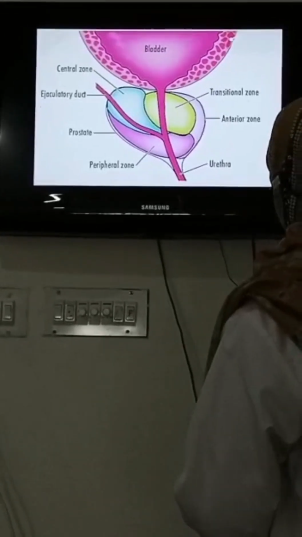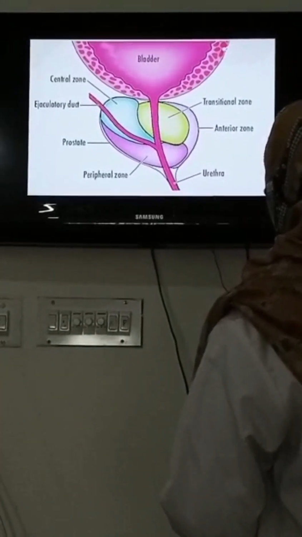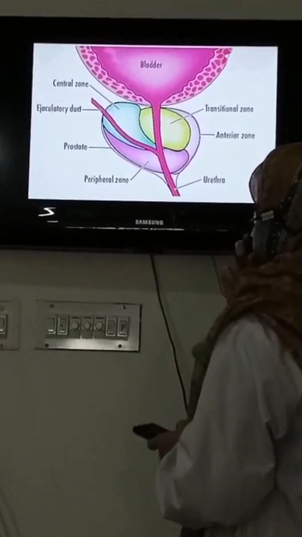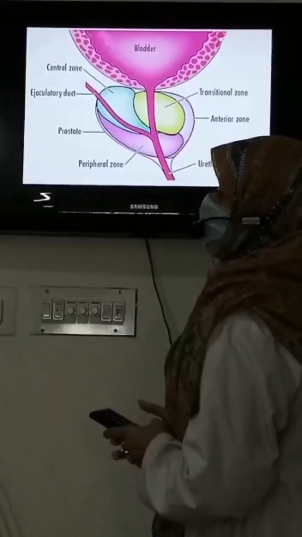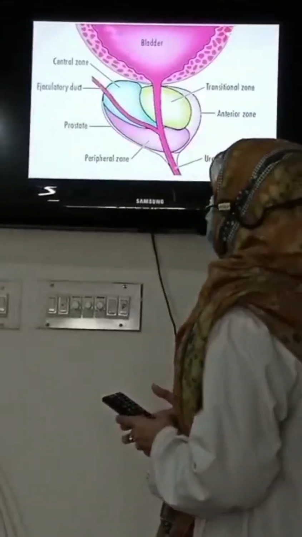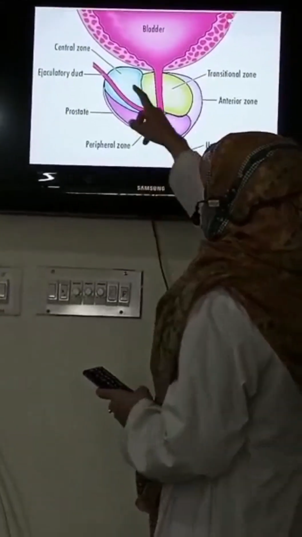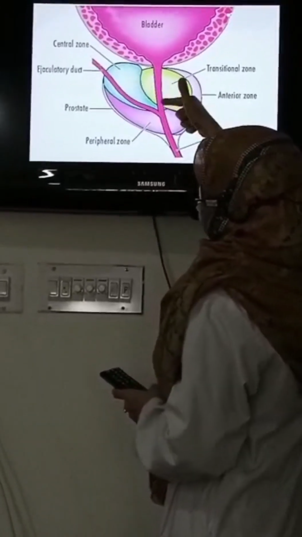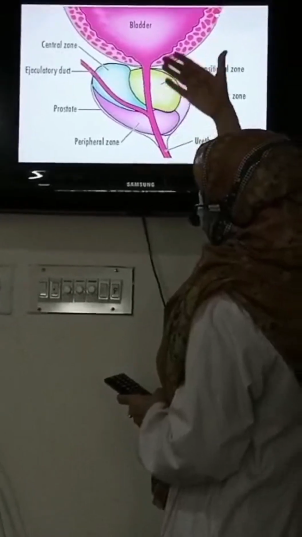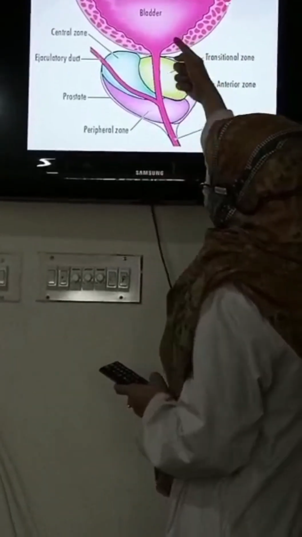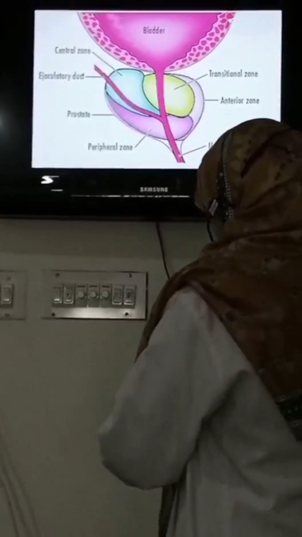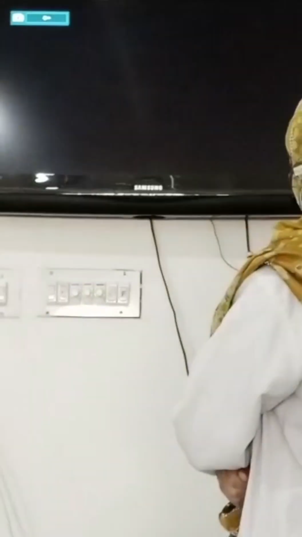That was a portion to show you that the ductus deferens will finally join with the duct of the seminal vesicle, we will discuss it later on, and form the ejaculatory duct that is going to open into the urethra. That was the basic concept, to show you the sagittal section, the bladder, the prostate, and the ejaculatory duct. So again, back to the previous diagram.